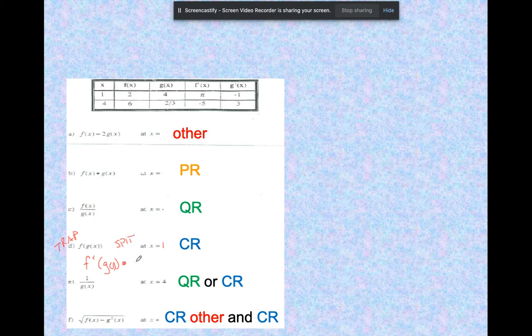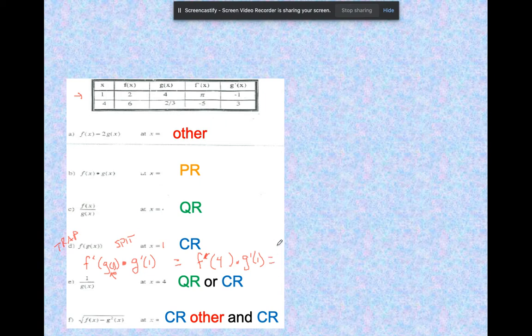The chain rule is a product, and you must multiply by the derivative of the inside. So what is g of 1? G of 1 is 4. So this is actually f prime of g of 1, which is f prime of 4, times g prime of 1.